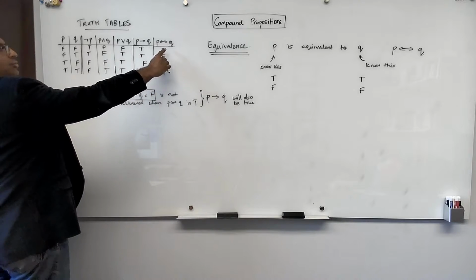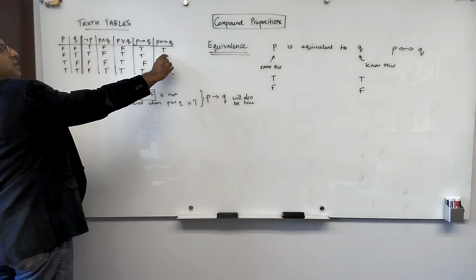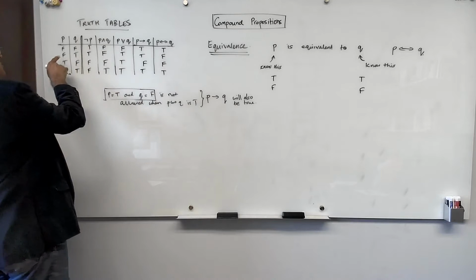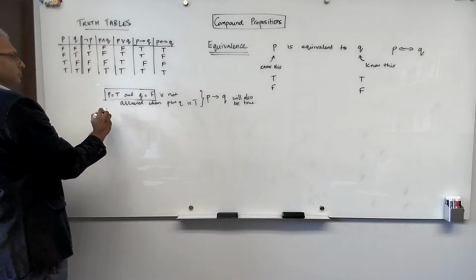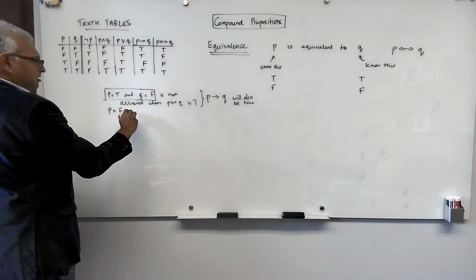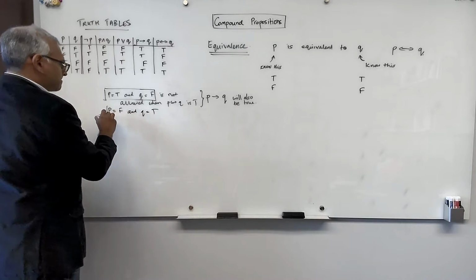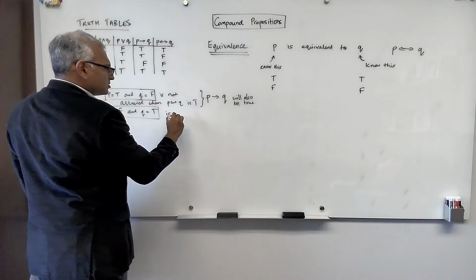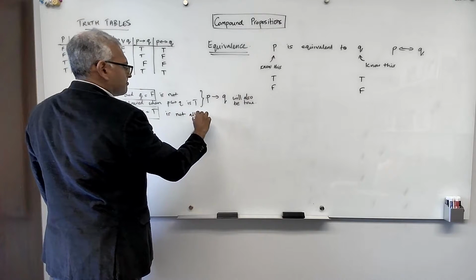Now in a true equivalence, this second row is also not allowed. So P being false and Q being true is not allowed.